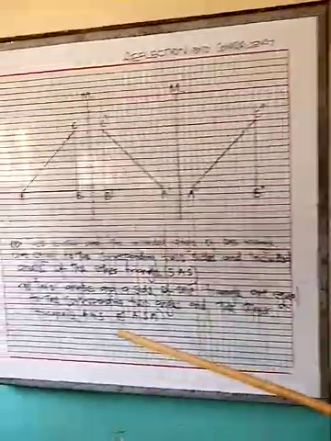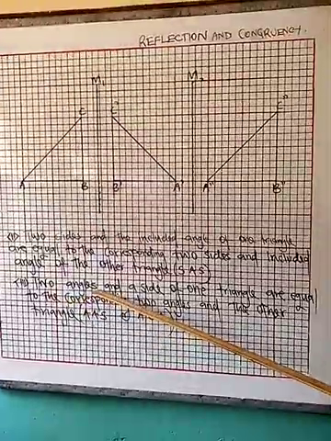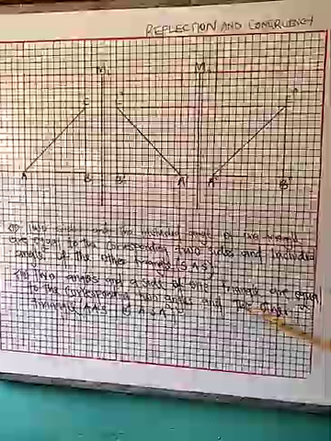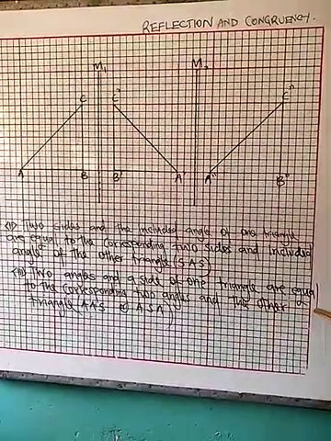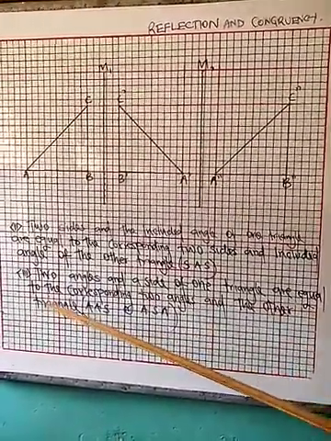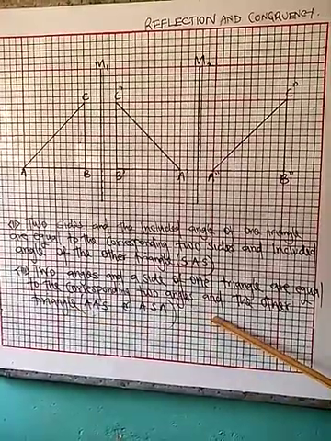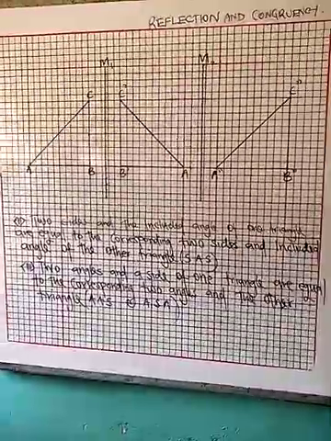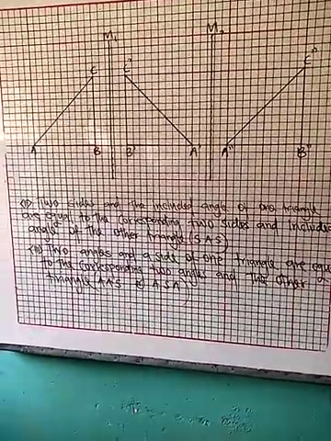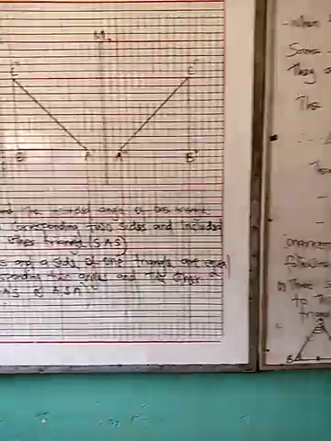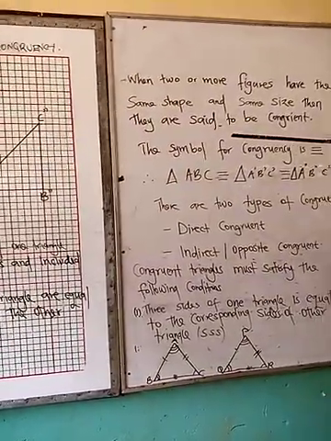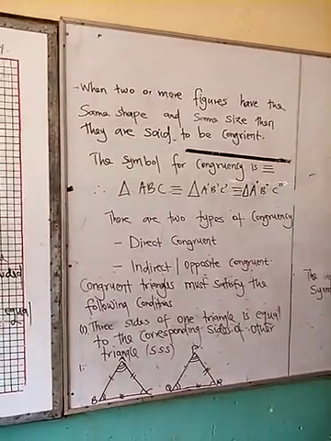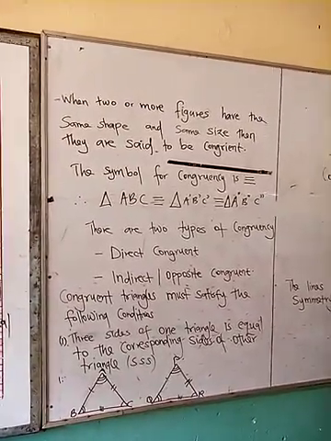Then we also look at two angles and a side of one of the triangles being equal to the corresponding two angles and side of the other triangle. Now, when two angles of a triangle are equal, then definitely the third angle must be equal.